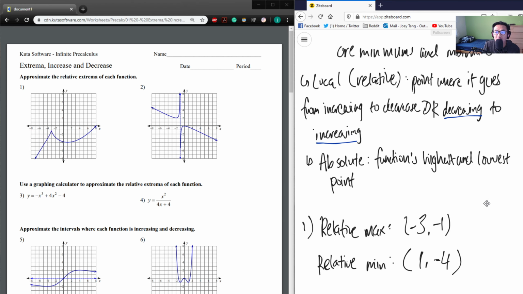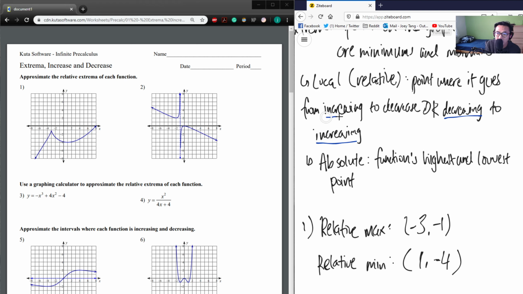And these are good things to know about a graph, because we know if a function is increasing or decreasing. Basically the concept of extrema, or minimums and maximums, is a switch from increasing to decreasing. So I'm going to highlight this in blue, because this is an important point.